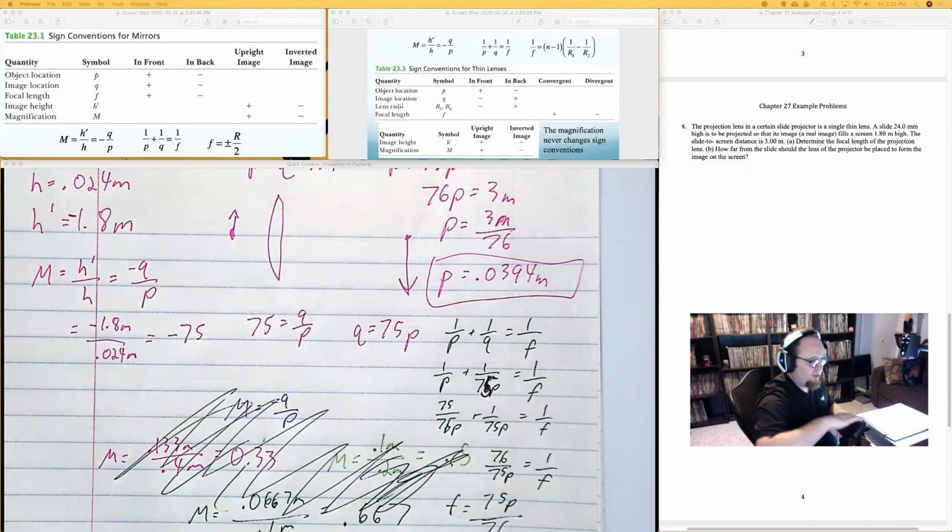Once again, my solution is going to be wrong. 75 times 0.0394 divided by 76 is 0.0388. So that would be the focal length.